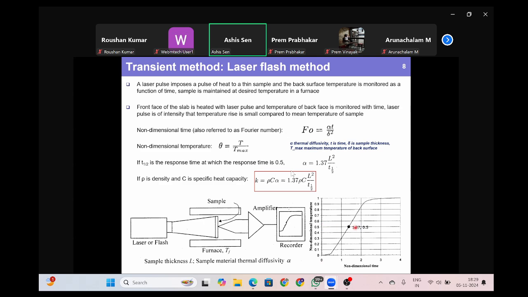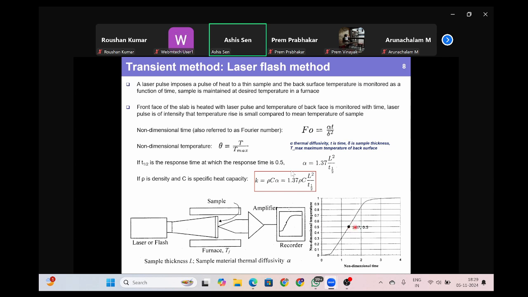When the temperature reaches half the maximum temperature from first order system, you can calculate using the formula that we have derived when we talked about thermocouple. It happens to be about 1.37. Okay, this is the non-dimensional time at which the non-dimensional temperature is going to be 0.5.